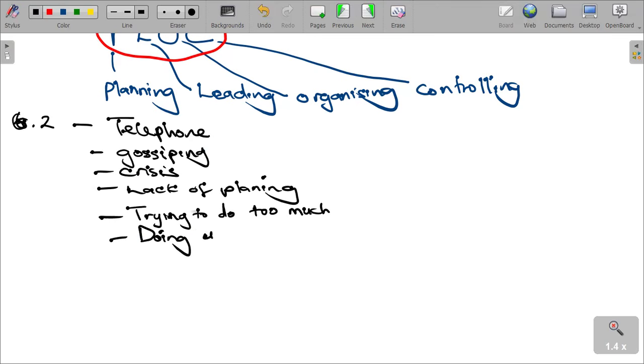For example, cleaning your desk during working periods. That's an unnecessary task.